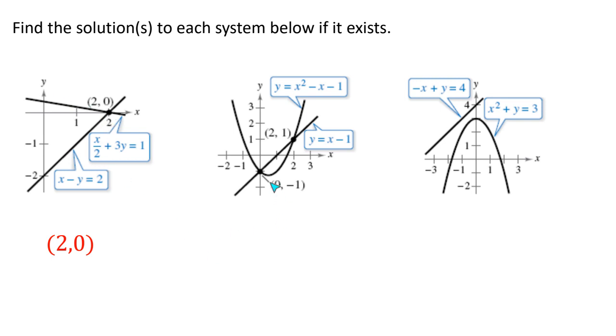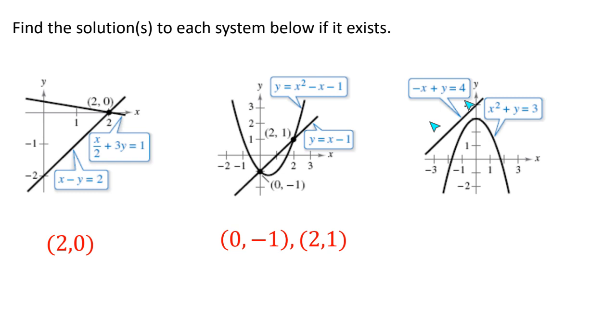The next system is a nonlinear system because it's made up of one linear equation and a parabola. Here, one of your solutions is going to be (2, 1), because that's where the graphs intersect. And in this example, we actually have a second solution, which is (0, -1).